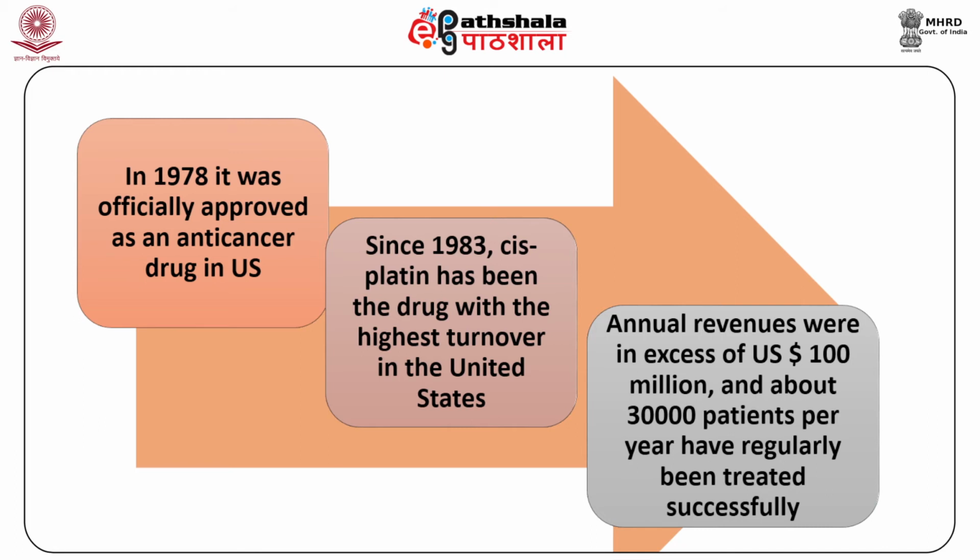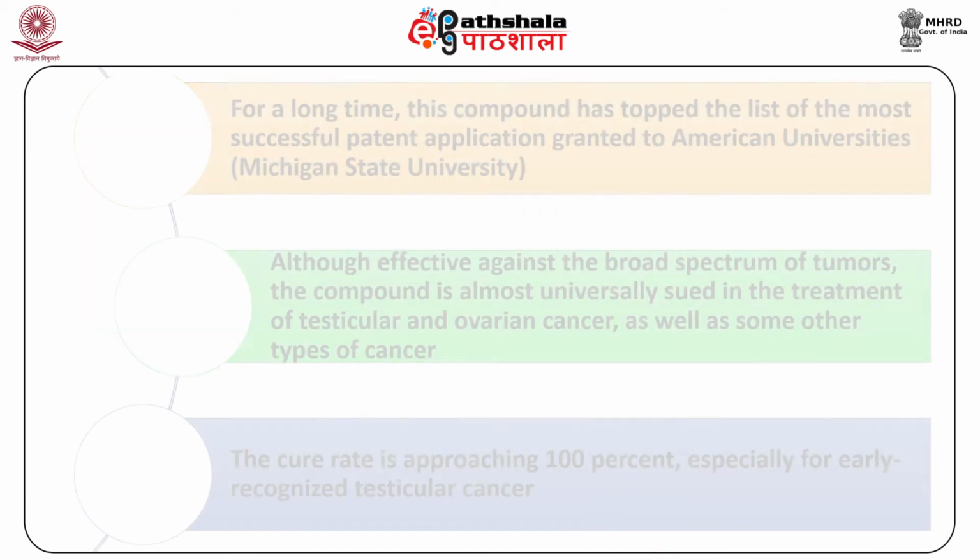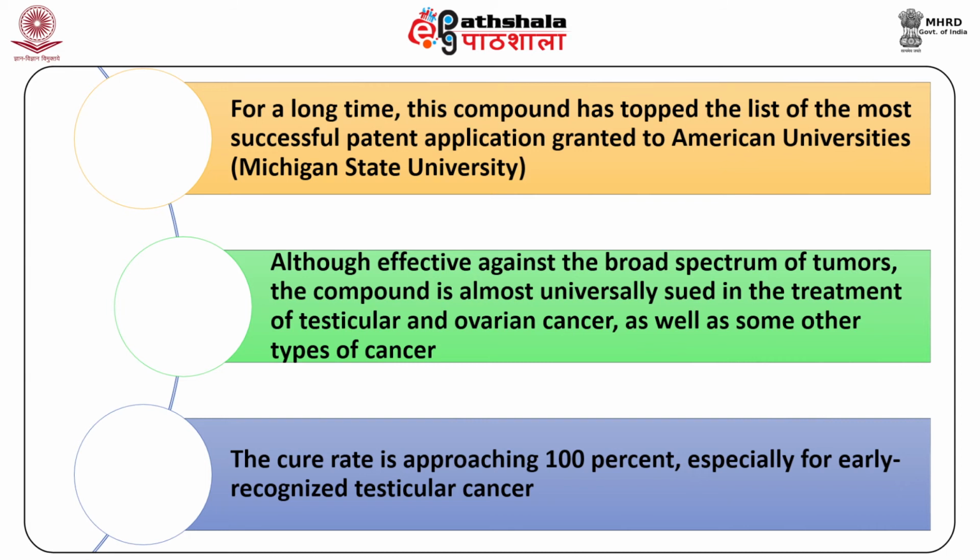Since 1983, cisplatin has been the drug with the highest turnover in the United States. Annual revenues were in excess of 100 million US dollars, and about 30,000 patients per year have regularly been treated successfully. For a long time, this compound has topped the list of most successful patent applications granted to American universities, Michigan State University.